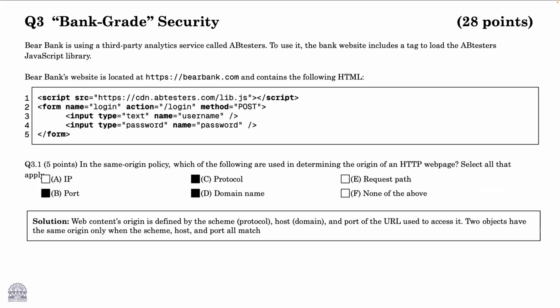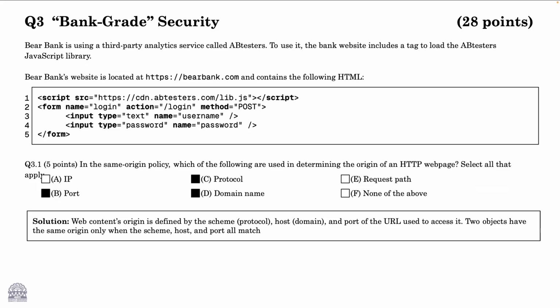But we said all the way in the beginning that even if we have JavaScript on the Bear Bank's website, and the source of the actual JavaScript comes from somewhere else, because it's being loaded on the Bear Bank's website, the origin of it will automatically be the Bear Bank's website.